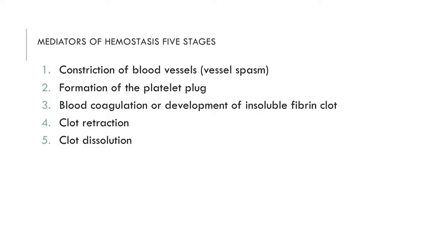The third stage is coagulation and development of insoluble fibrin clot. The fourth stage is the beginning of the healing process where the clot starts to retract and get smaller. And finally, the fifth stage is clot dissolution, or basically it has to go away.